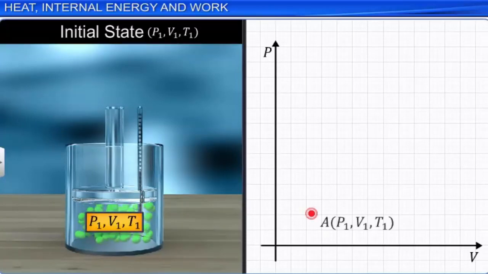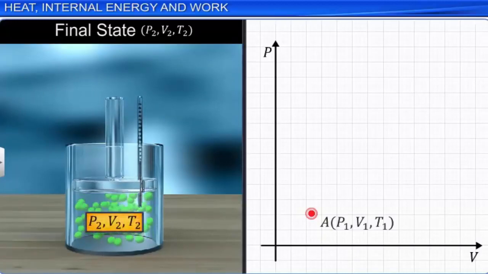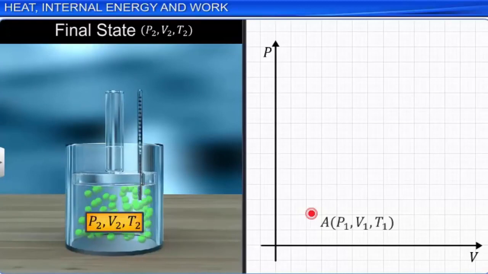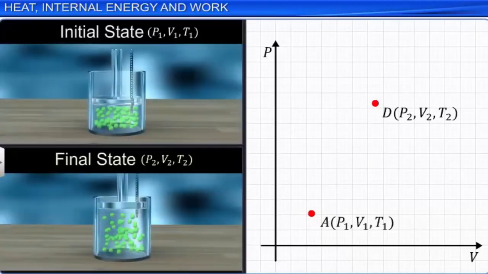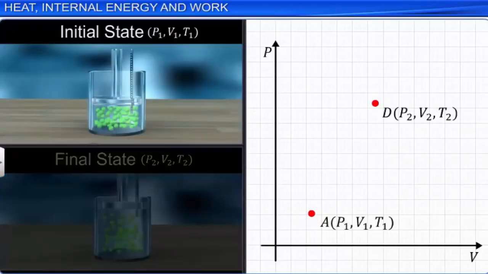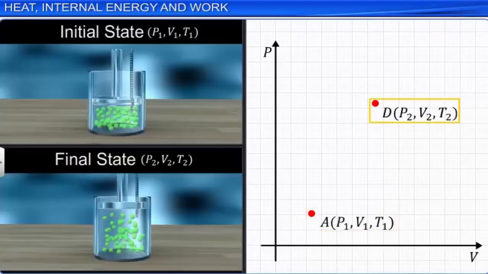Let us take the gas to a new or final state described by P2, V2, T2, and identified by D in the PV diagram. We shall take the system from the initial state A to a final state D in two different ways.